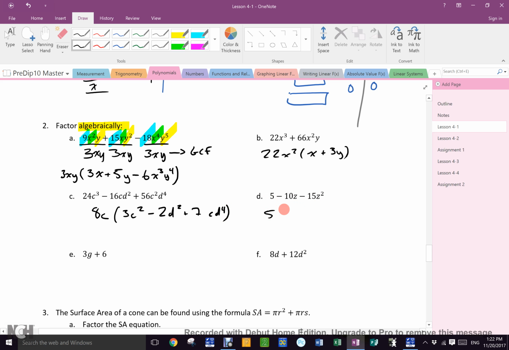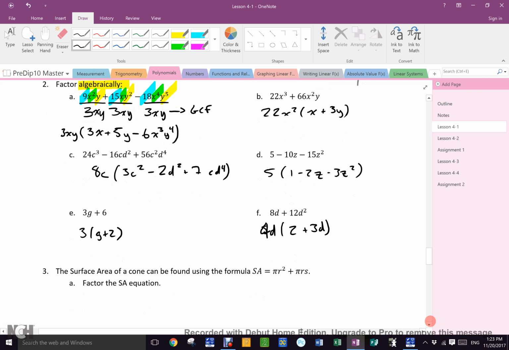This is 5, 1 minus 2z minus 3z squared. This is 3g plus 2. This is 4d, 2 plus 3d. Everybody should have had all of them correct.